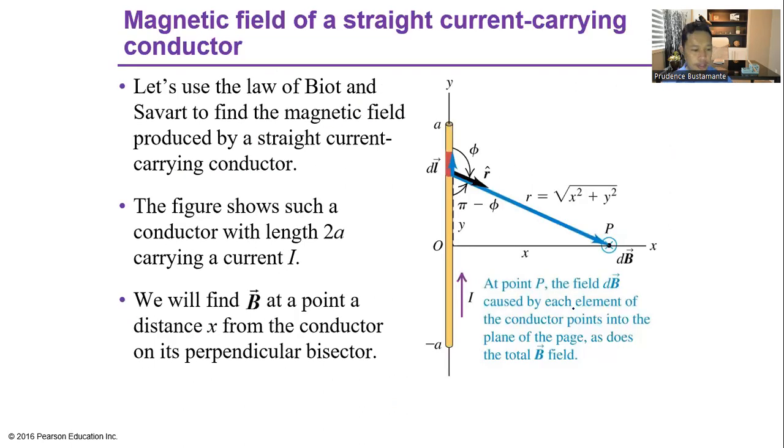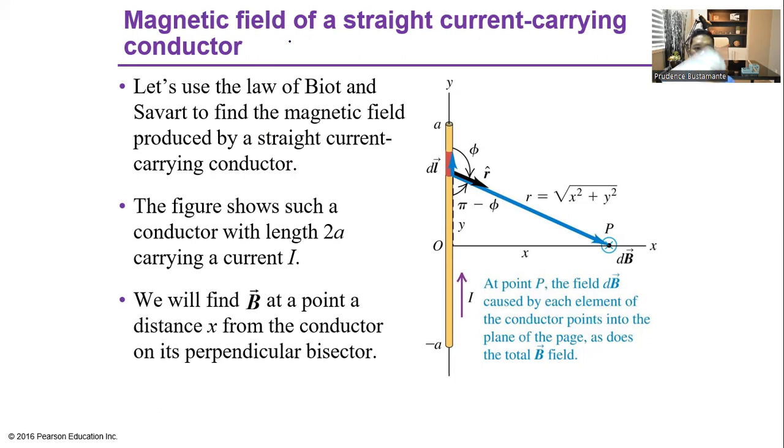Now let us find the magnetic field of a straight current carrying conductor. If we have a straight current carrying conductor, what would be the magnetic field?